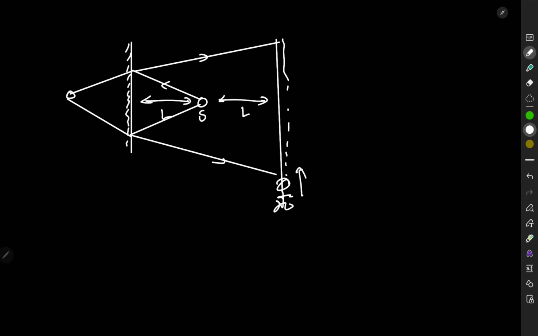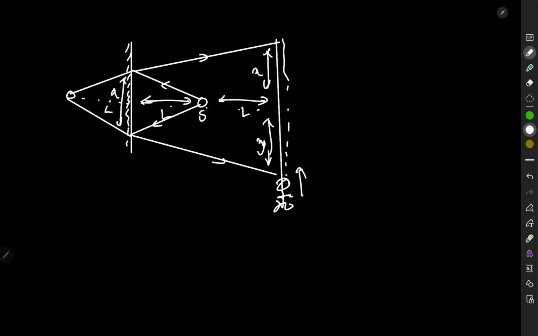So here draw, and this is the distance we need to find, xy. This is L, and they have given the length of the mirror as D. So we need to calculate it.